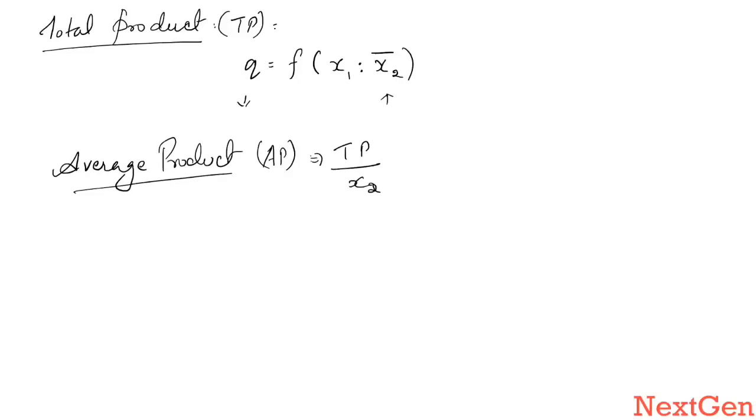Now, average product is defined as total product per unit of variable input x2 while keeping x1 constant. It is denoted by f(x1, x2) divided by x2, where x2 is the variable factor and x1 is the fixed factor.